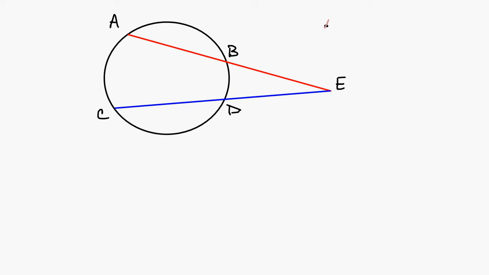And it's actually this. It's AE. So it's the sum of these two pieces. It's AE times BE equals this entire blue piece, which is CE times DE.